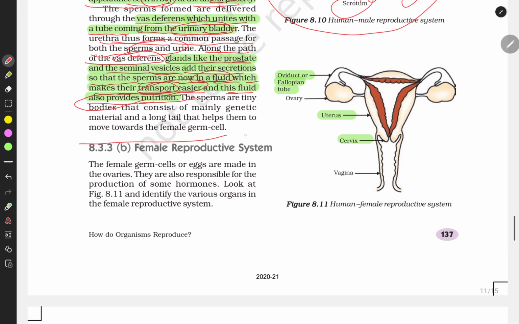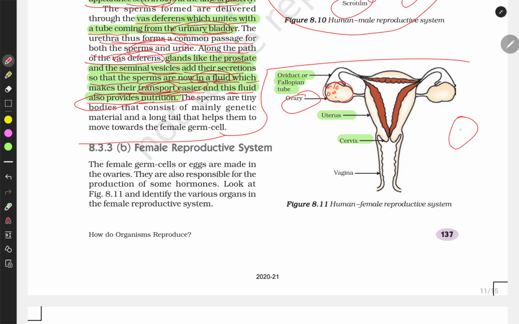And about the female reproductive organs. This is the ovary, where every month one egg gets released, and almost all the egg cells are there from the time when this girl was in her mother's womb, when the child was developing in the womb.